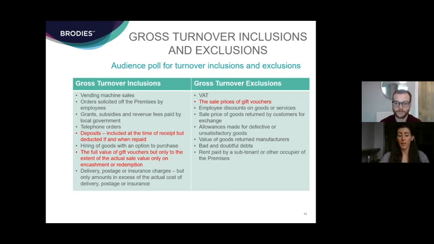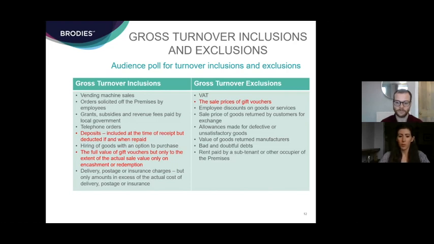And if you can see in the bottom left-hand column there, acting for the tenant, we would only look to include the amounts received for delivery, postage or insurance, which exceed the actual cost of those items, so that the running costs of the business aren't taken into account, but any profit on them would be for turnover.